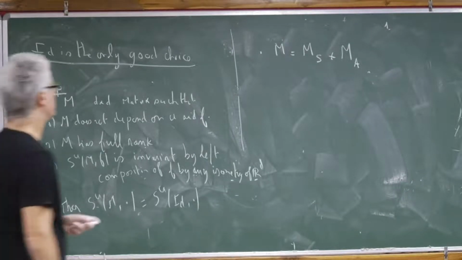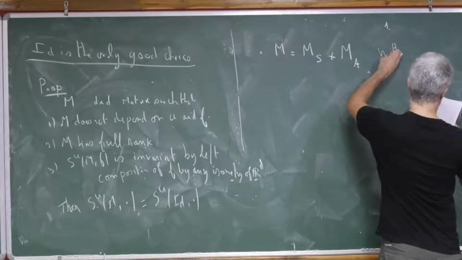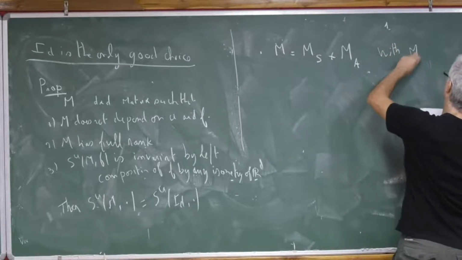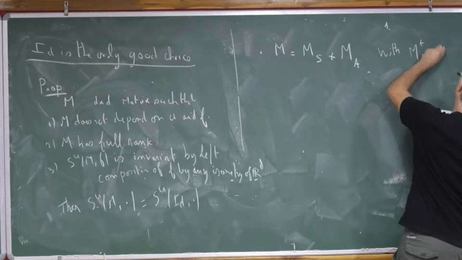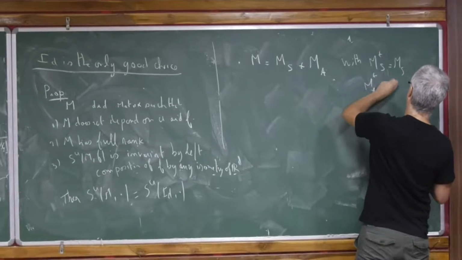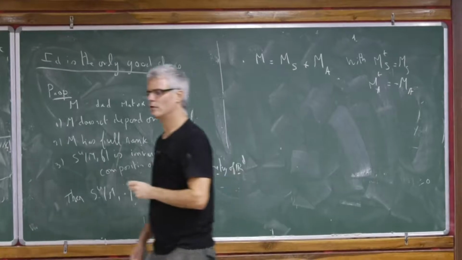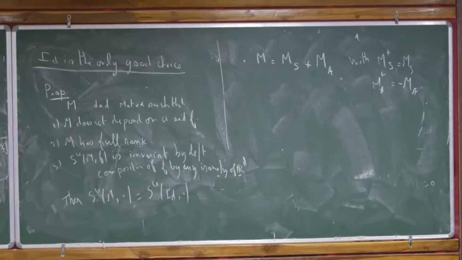Okay, so you decompose your matrix as the sum of a symmetric matrix and an antisymmetric matrix.